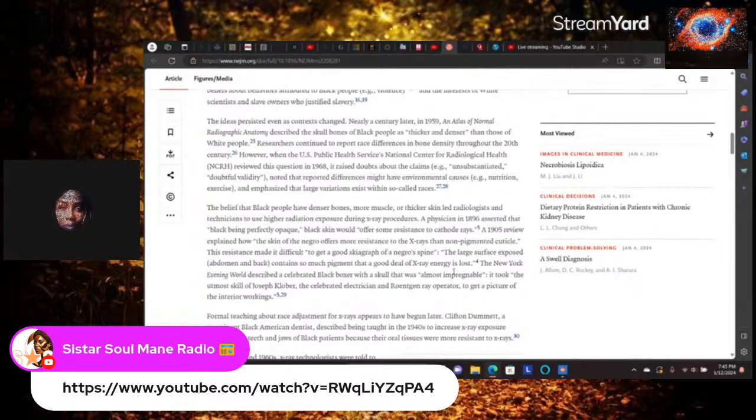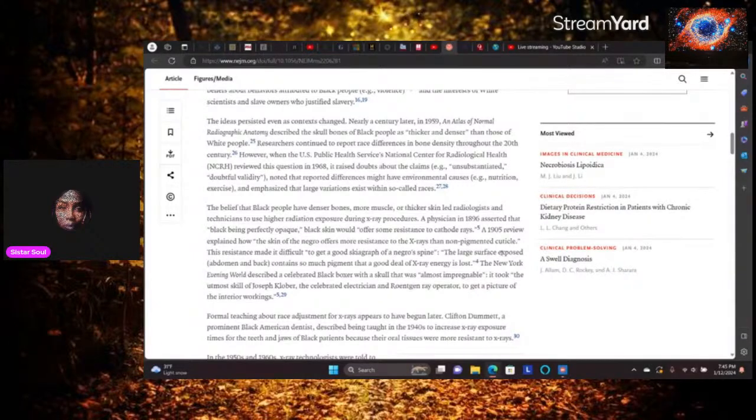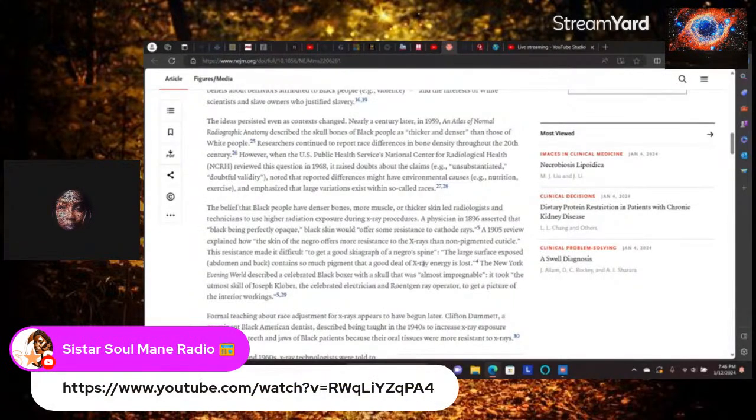A physician in 1896 asserted that, black being perfectly opaque, black skin would offer some resistance to cathode rays. A 1905 review explained how the skin of the Negro offers more resistance to the X-rays than non-pigmented cuticle. This resistance made it difficult to get a good skiagraph of a Negro's spine. The larger surface, exposed abdomen and back, contains so much pigment that a good deal of X-ray energy is lost.